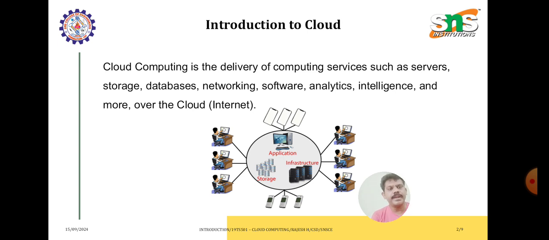Those services could be through servers, storage, databases, networking, software, analytics, intelligence, etc. However, all these services are happening through the internet. So the internet is actually known as the cloud area, where all the services and components are benefited.